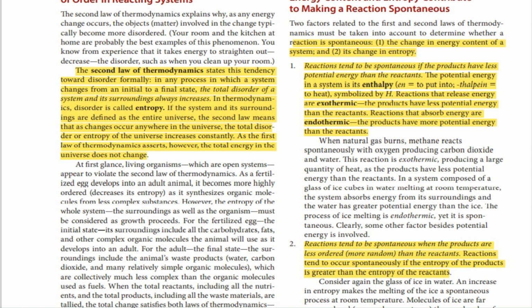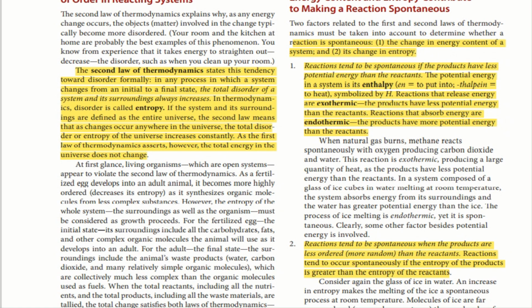Two factors related to the first and second laws of thermodynamics must be taken into account to determine whether a reaction is spontaneous or not. Number one is the change in energy content of the system and the change in its entropy. Reactions tend to be spontaneous if the products have less potential energy than the reactants.